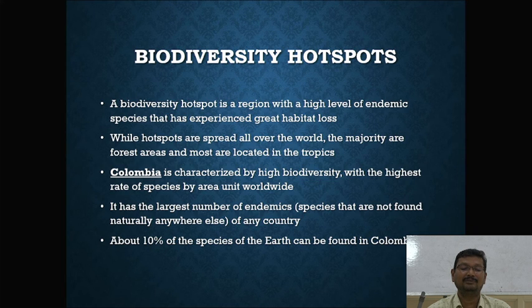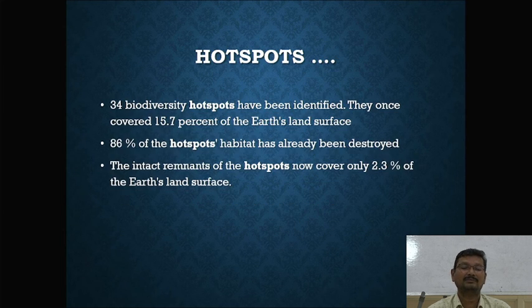Here three types of species are there: endemic species, vulnerable species, endangered species. Endemic species are those not found naturally anywhere else in any country. About 10% of the species of the earth can be found in Colombia. Hotspots. At present, 34 biodiversity hotspots have been identified.